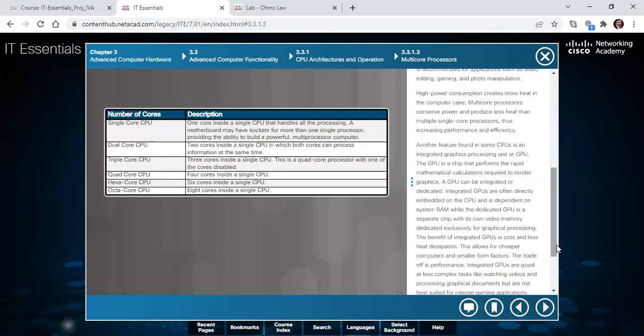A GPU can be integrated or dedicated, okay? Integrated GPUs are often directly embedded on the CPU and depend on the system RAM, while the dedicated GPU is a separate chip with its own video memory.